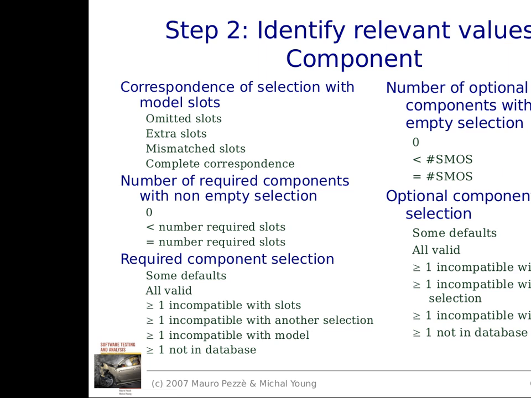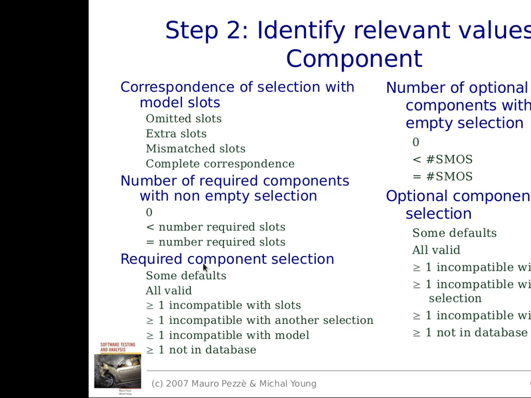The number of required components with non-empty selection, maybe 0. Less than the number of required slots, or if it's equal to the number of required slots, then you're filling up all of these slots with components. What could happen with required selection? There might be some defaults that you start with. Everything's valid, greater than or equal to 1 incompatible, greater than or equal to 1 incompatible with another selection that you made.